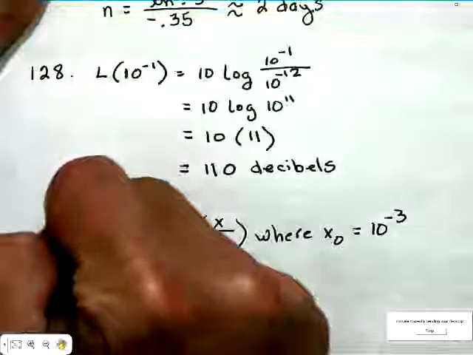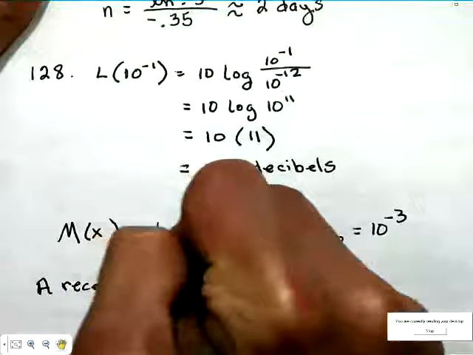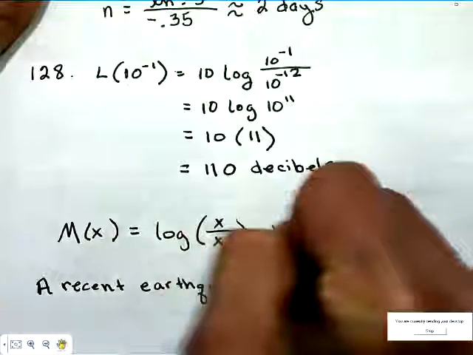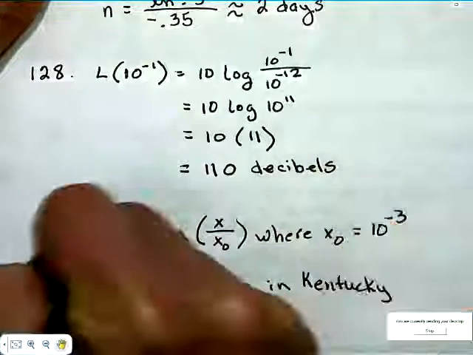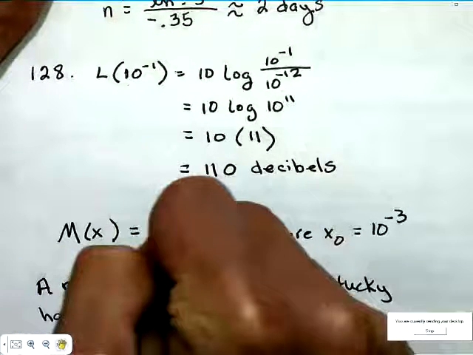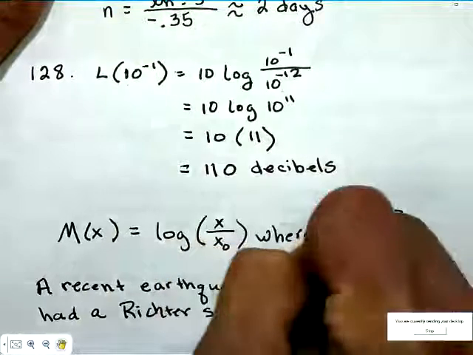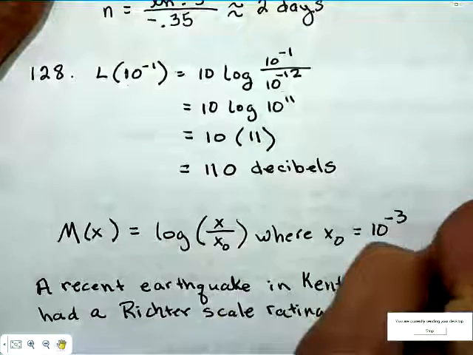A recent earthquake in Kentucky had a Richter scale rating of 4.2.